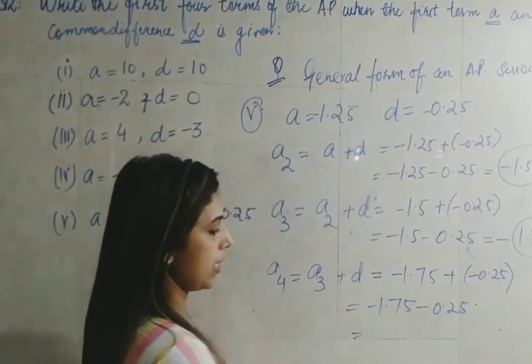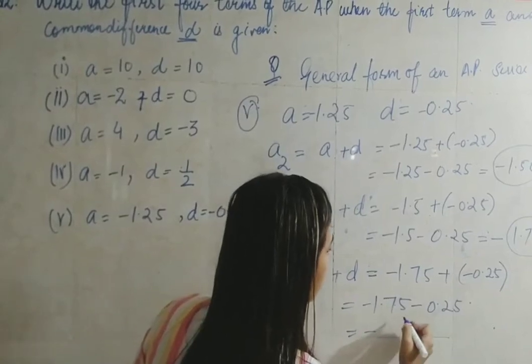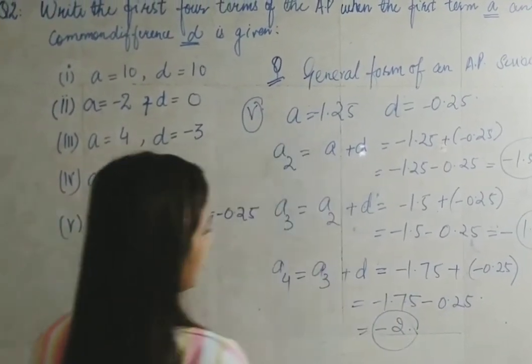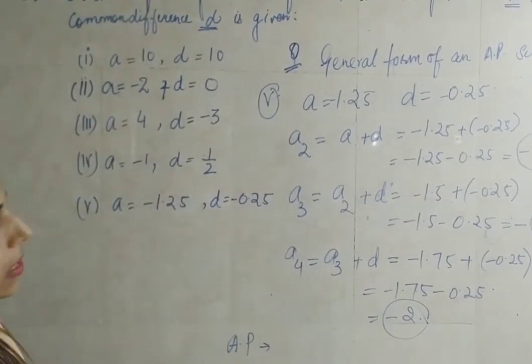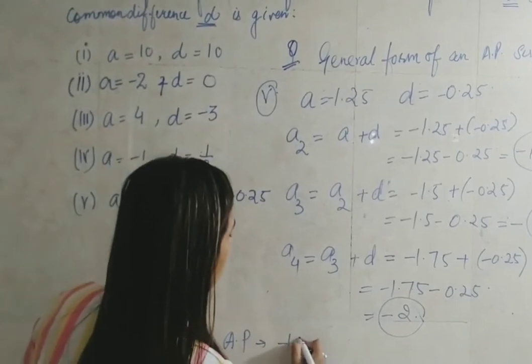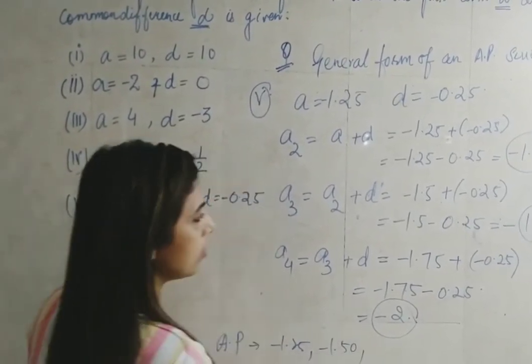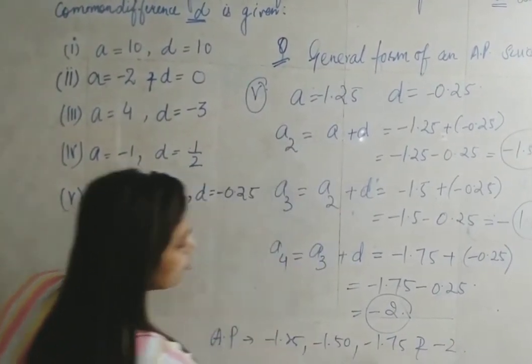Minus plus, and the sign will again be of minus, that is negative, and we will get here 2. So all of these are the first 4 terms of AP. The first 4 terms of our AP series will be minus 1.25, minus 1.50, minus 1.75 and minus 2.